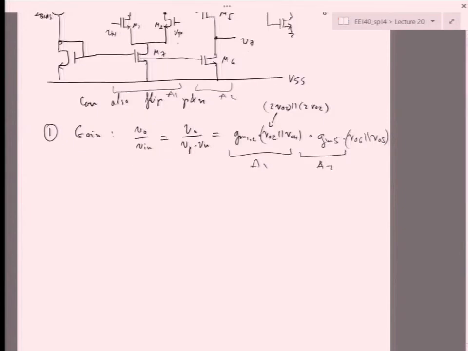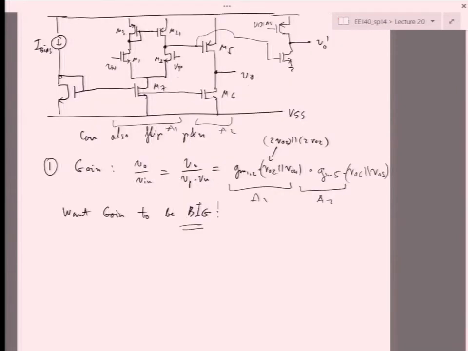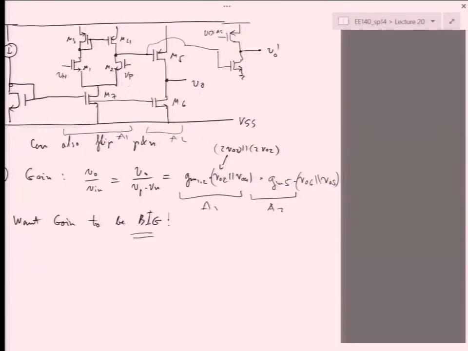From the switch cap example and other op-amp examples, we saw that we want this gain to be big, right? We also saw that, since we have a trade-off between how fast GM grows versus how fast R naught grows, GM was the square root of current, and R naught was inverse of the current.